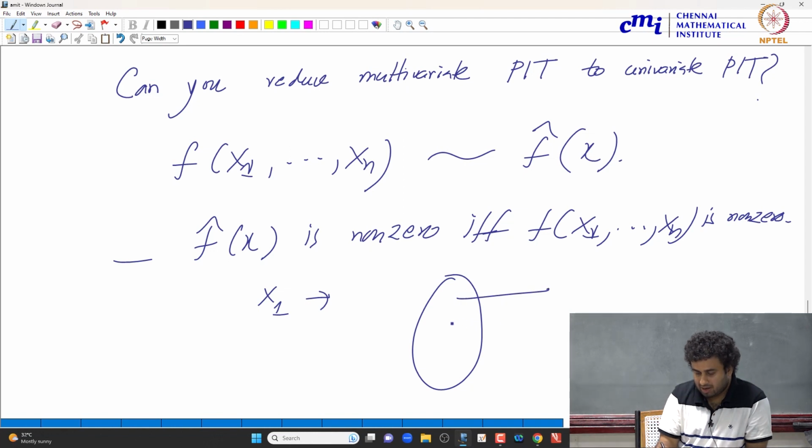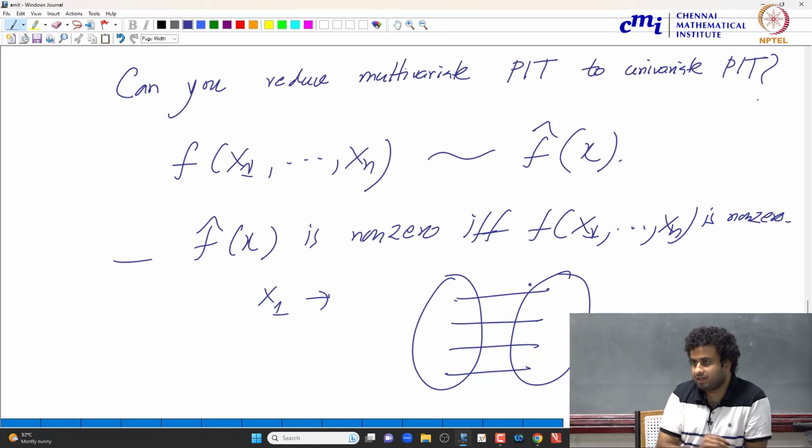Now in the univariate polynomial that you are coming up with, if you can achieve that each monomial is mapped to a different degree univariate monomial, then two different monomials would not be mapped to the same univariate monomial. So if this thing is non-zero, then after the substitution also this univariate polynomial will remain non-zero.